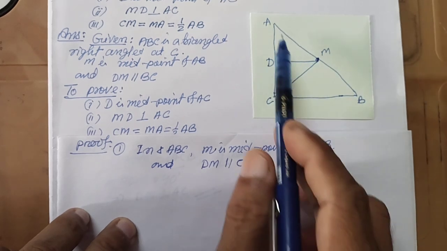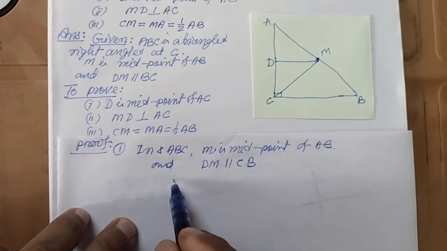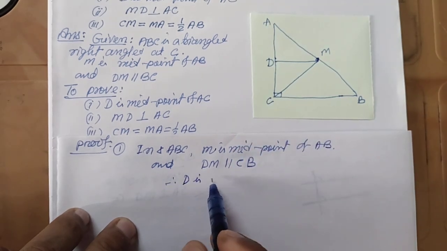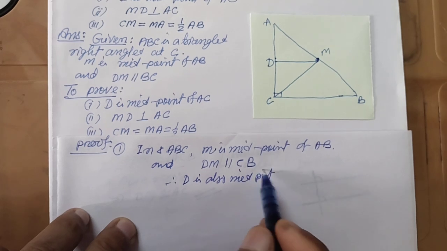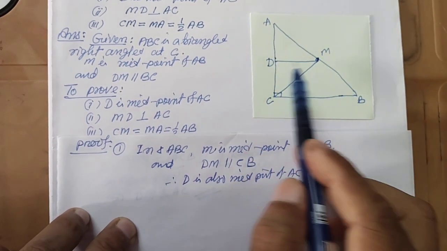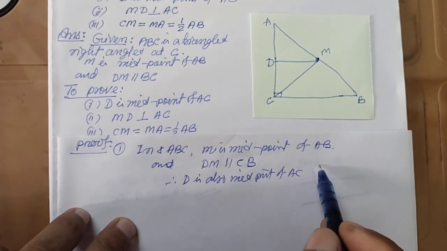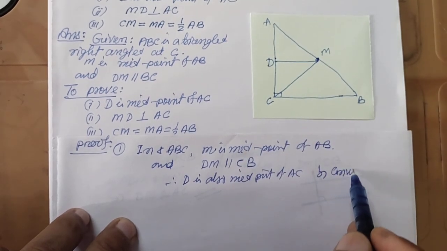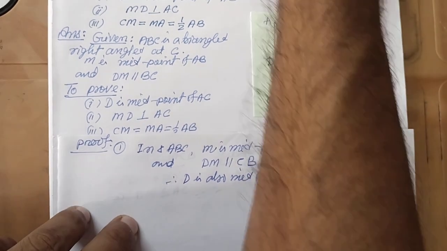So if M is the midpoint of AB, then D also must be the midpoint of AC. This is by the converse of the midpoint theorem.